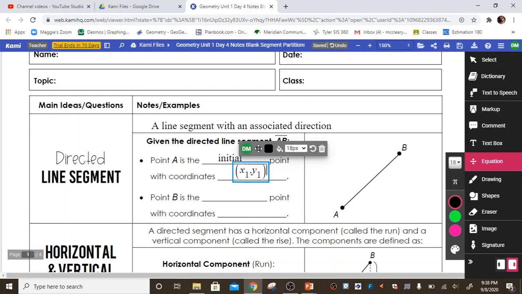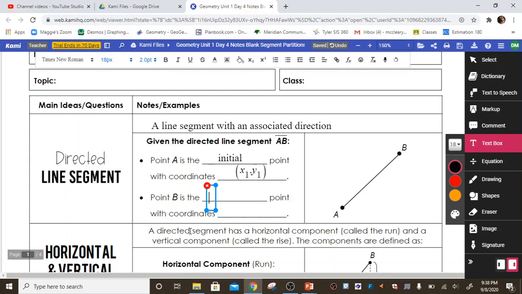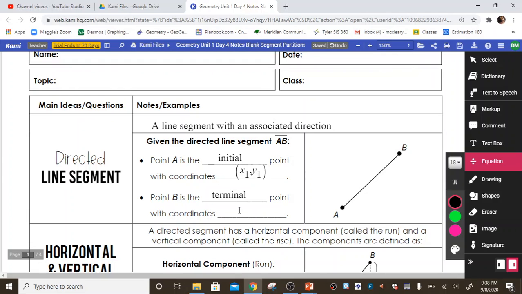The difference is going to be that this time the order is going to matter. Alright, so if point A is the initial, point B is going to be the terminal point. And the coordinates there are going to be exactly what you think they are, x sub 2 and y sub 2.